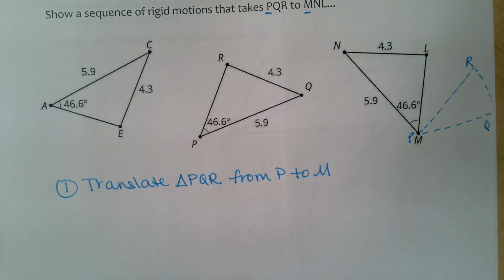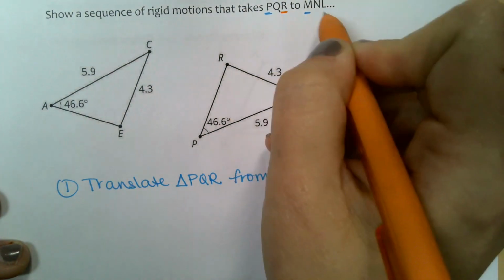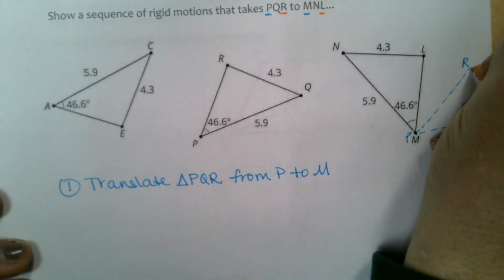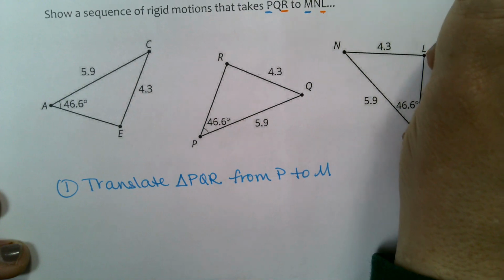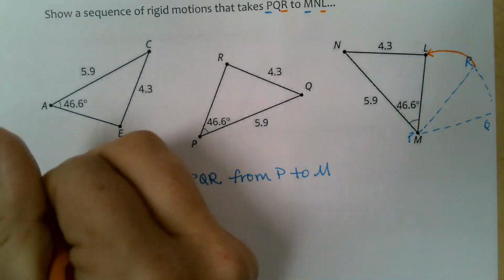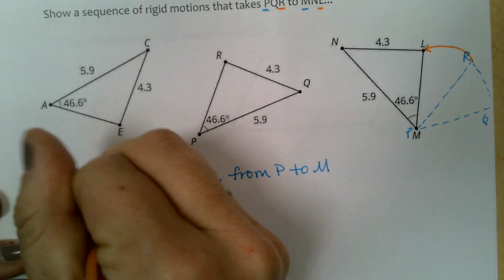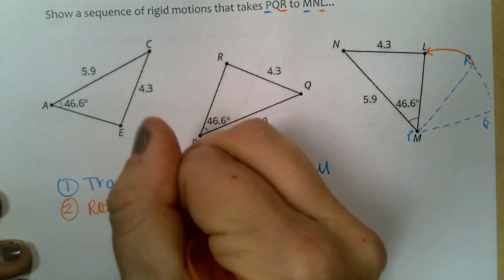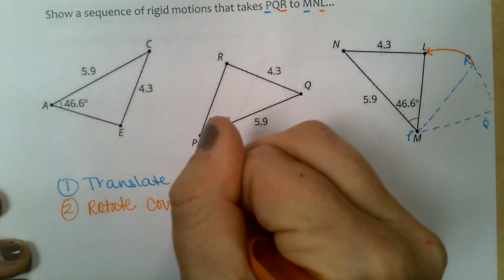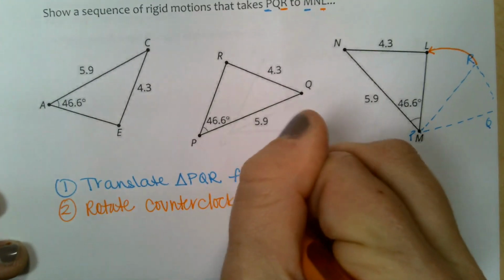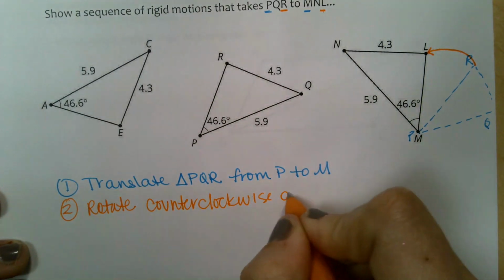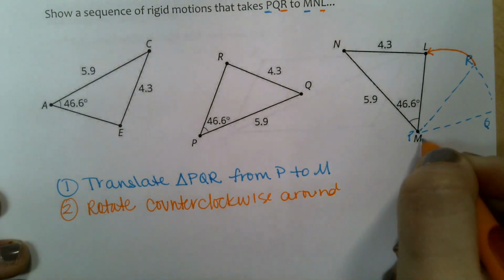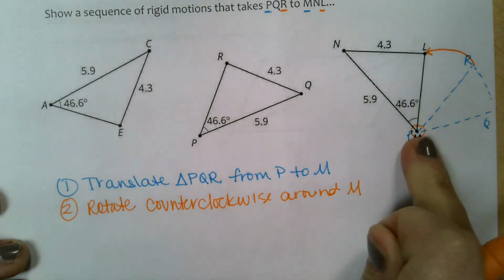So this is point P now, R is up here, and Q is here. Okay. Then the next thing that I know is that R has to land on L. So I can take R and rotate it until it's on L. So I'm going to rotate, and that direction is counterclockwise. And we're going to do it around M because this is the point that we don't want to move.